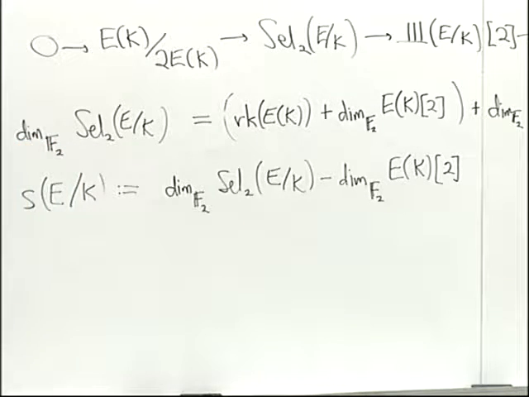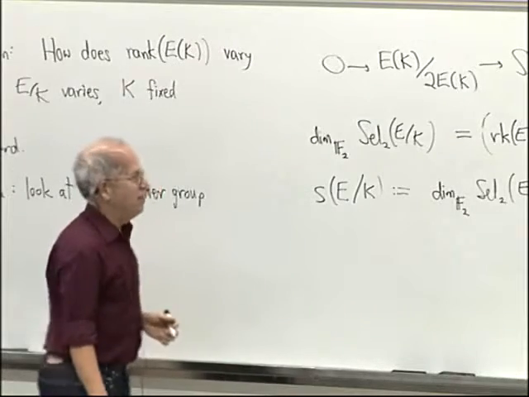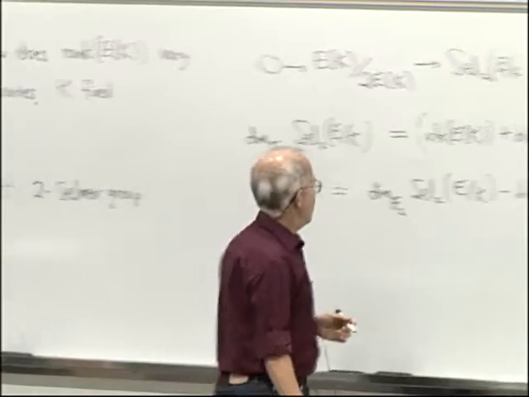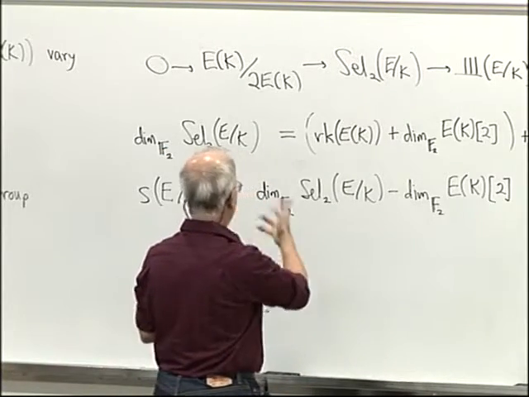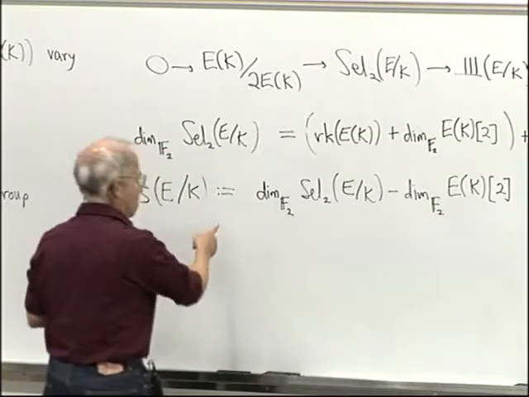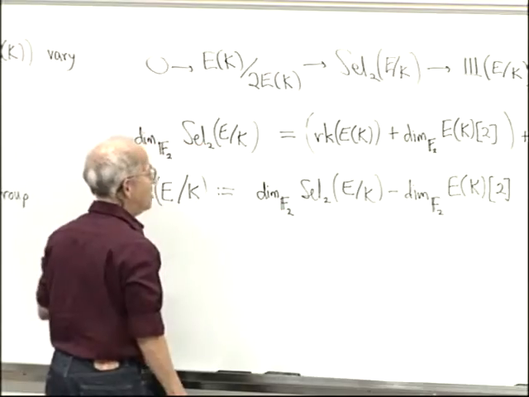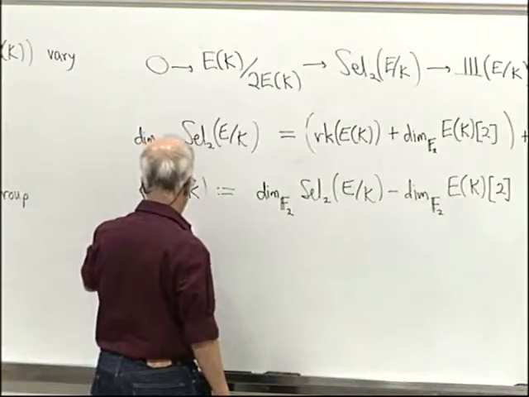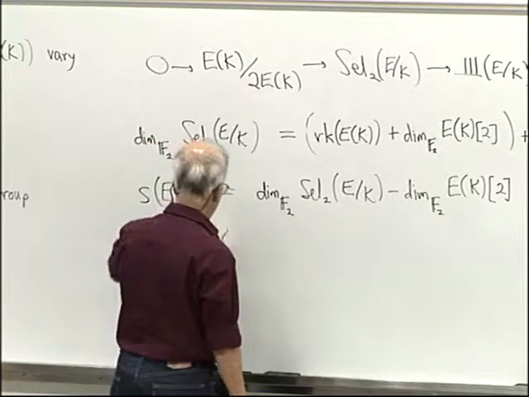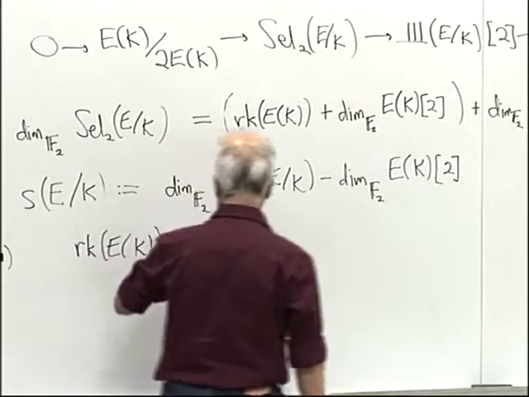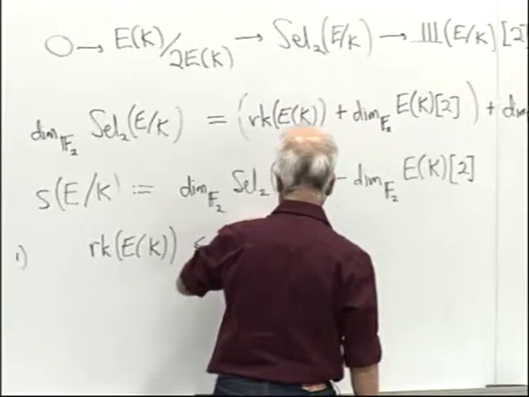Okay, and so now we can ask questions about the sizes of the Selmer group or about this rank. So what can we say? Well, first of all, just looking at this formula, we see that the rank is bounded above by the Selmer rank.